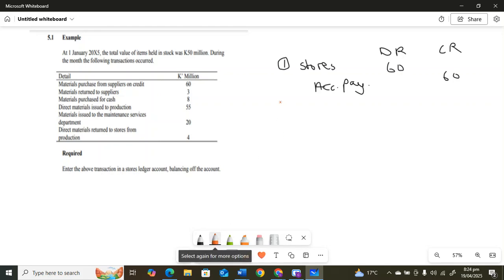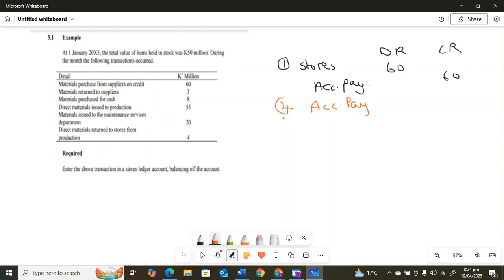Second transaction, materials returned to suppliers. What are we debiting? Reducing. Yes, reduction in a liability, you debit.